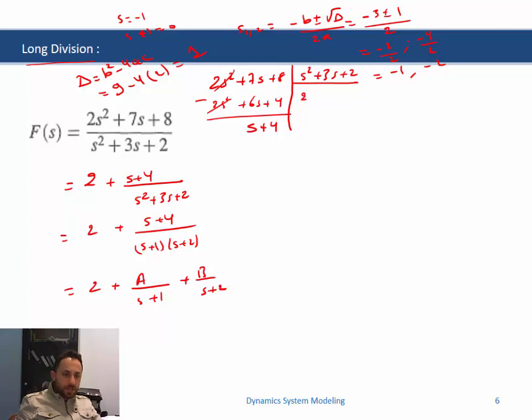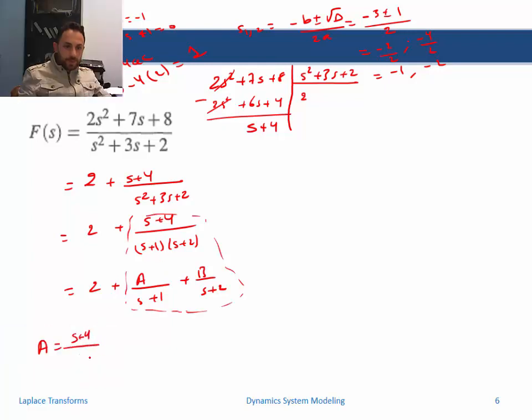We determine a. We multiply by s plus 1, s plus 4 over s plus 2. We substitute minus 1, 3 over 1, which is 3, and b is equal to s plus 4 over s plus 1 at s minus 2, which is 2 over minus 1 minus 2.